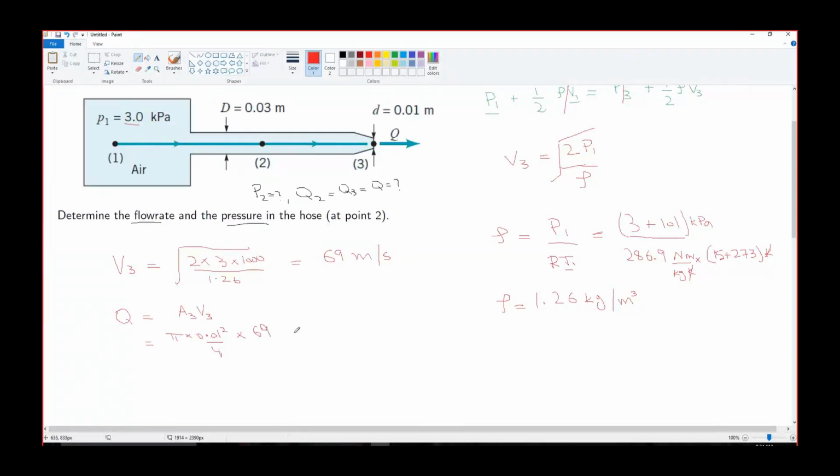So 3.14 multiplied by 0.01 square multiplied by 69 divided by 4 comes out to be 0.0054 meter cube per second.